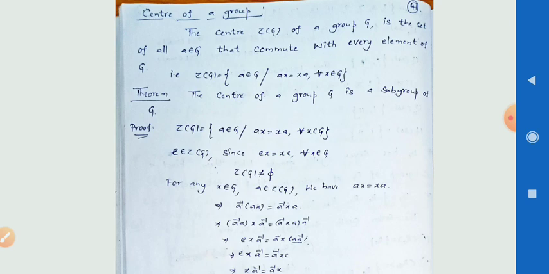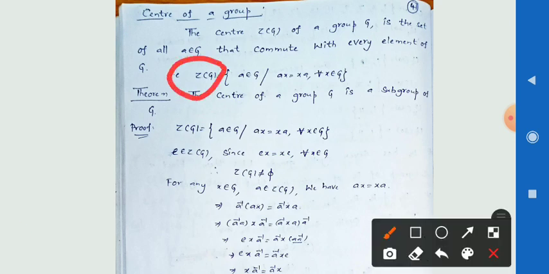The center Z(G) of a group G is the set of all A belongs to G that commute with every element of G. This implies Z(G) is equal to the set of A belongs to G such that AX is equal to XA for all X belongs to G. Once again, the center of a group: the center Z(G) of a group G is the set of all A belongs to G that commute with every element of G. Here Z(G) means the center of a group.